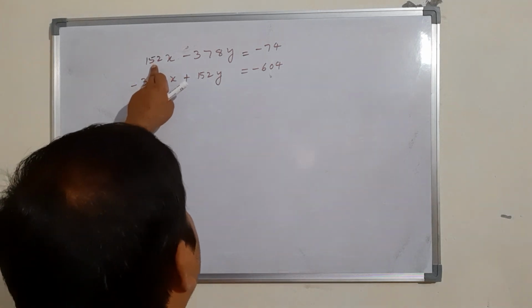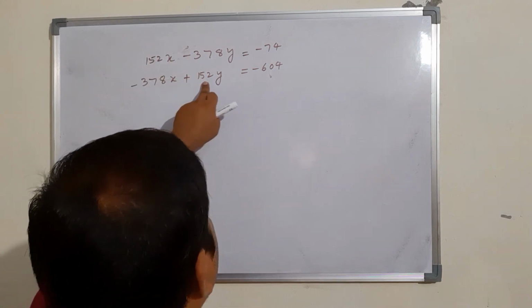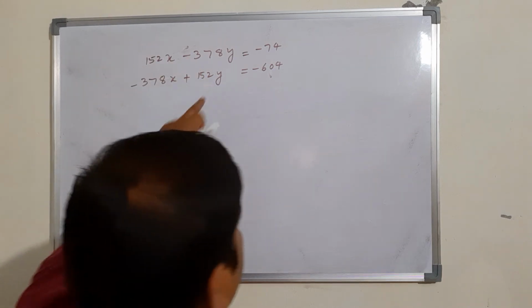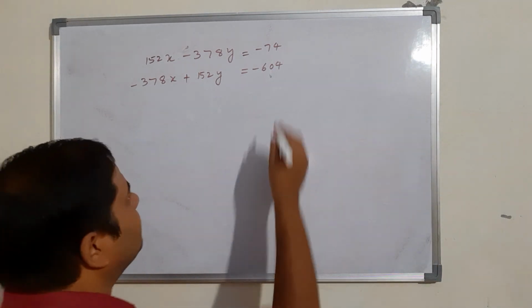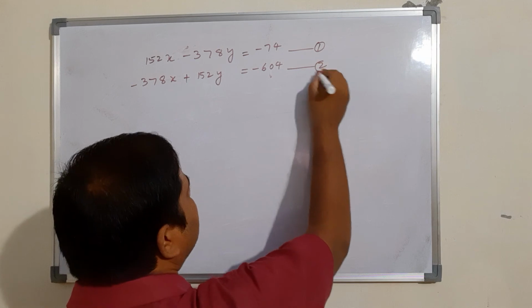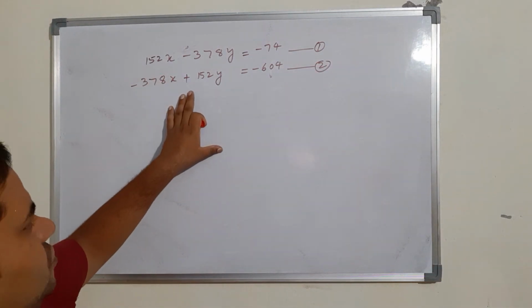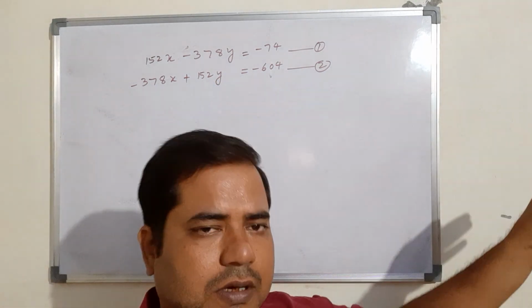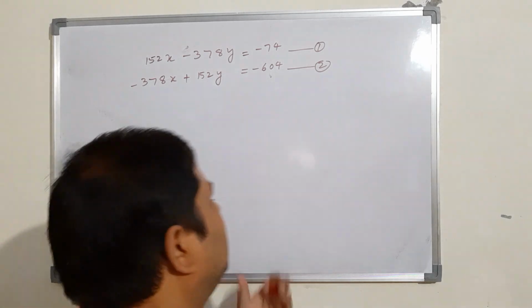What is the coefficient of x in the first equation? That will be the coefficient of y in the second equation. So for that we consider it as the first and second. So simply the method is you have to add 1 plus 2, you will get another equation, and you have to subtract 1 minus 2, you will get another equation.